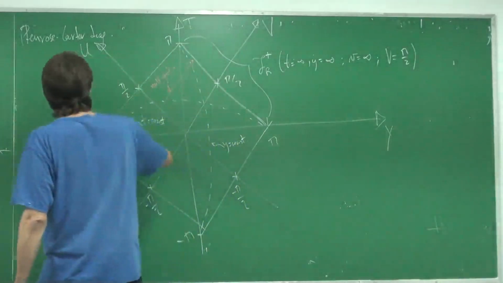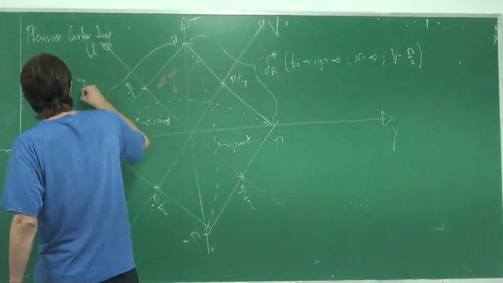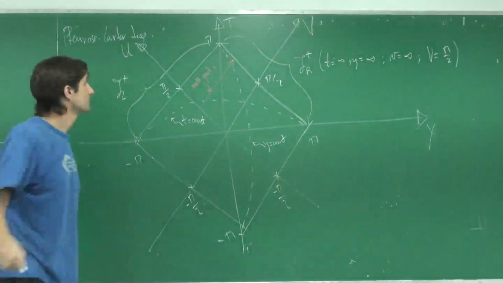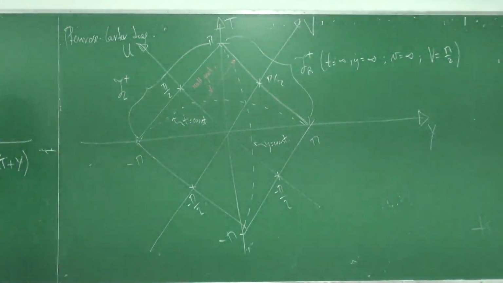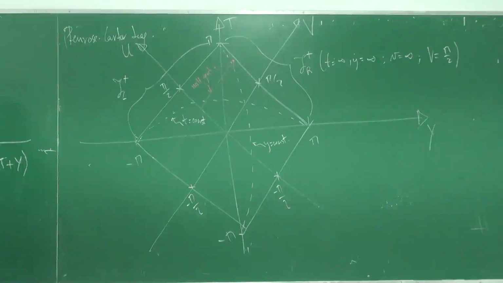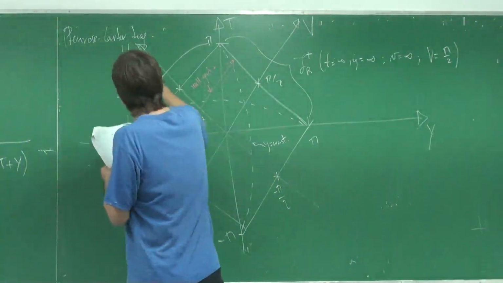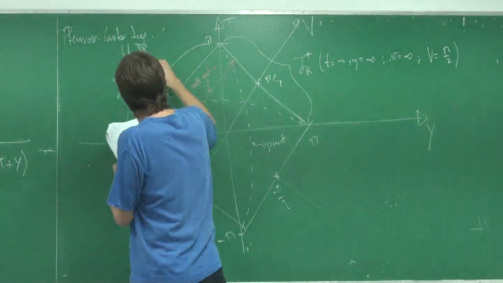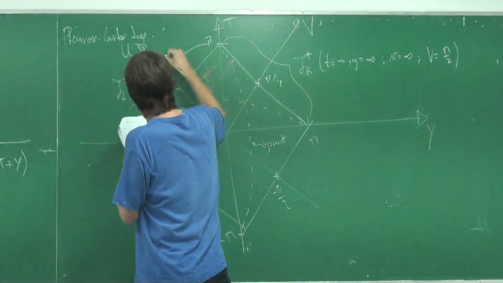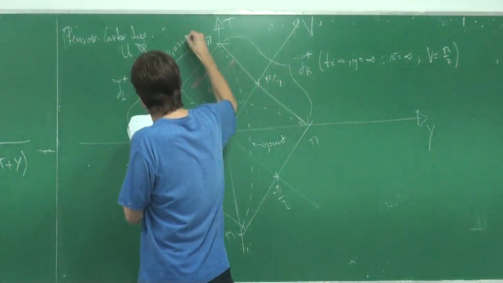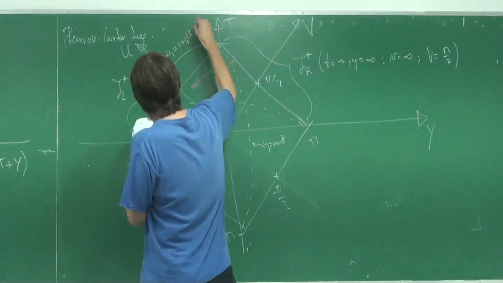And this one here is scri plus L, to the left. Plus because it indicates the future. This is T equals infinity, Y equals minus infinity, U equals infinity.